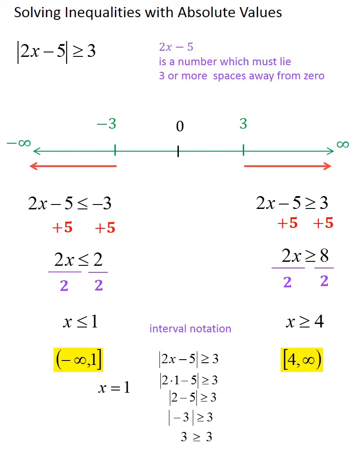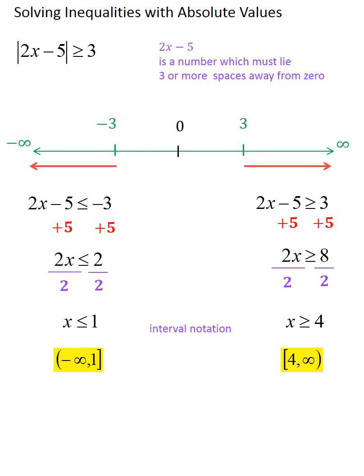And since this statement is true, x equals 1 is a solution to this inequality. And by the same argument, x equals 4 is also a solution. Hence we have the brackets of inclusion at 1 and 4.